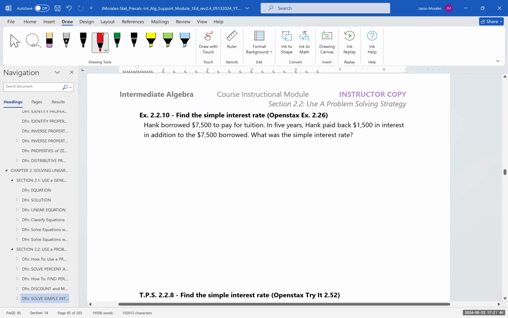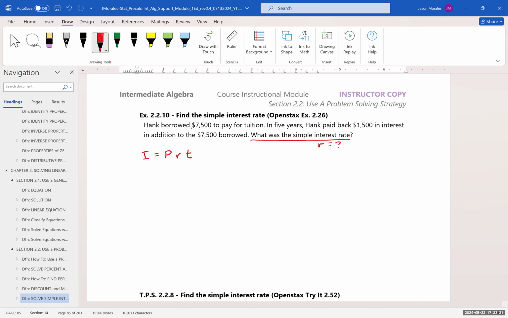Okay, so find the simple interest rate. Hank borrowed $7,500 to pay for tuition. In 5 years, Hank paid back $1,500 in interest, in addition to the $7,500 borrowed. What was the simple interest rate? We don't know what the rate is, so let's look at I equals PRT and at what we've got in this problem.